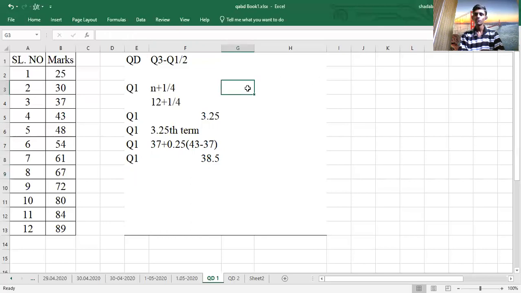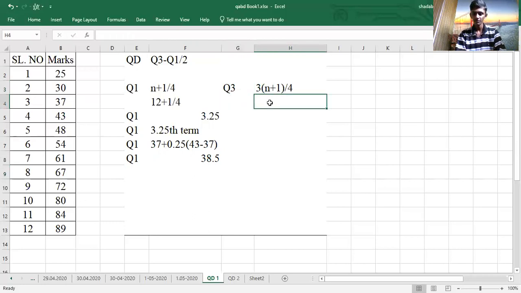The same we have to do for Q3. But here the formula is different. Only the 3 will come in front, and the rest is the same: 3 times (n plus 1) divided by 4. We write the 3 as it is.